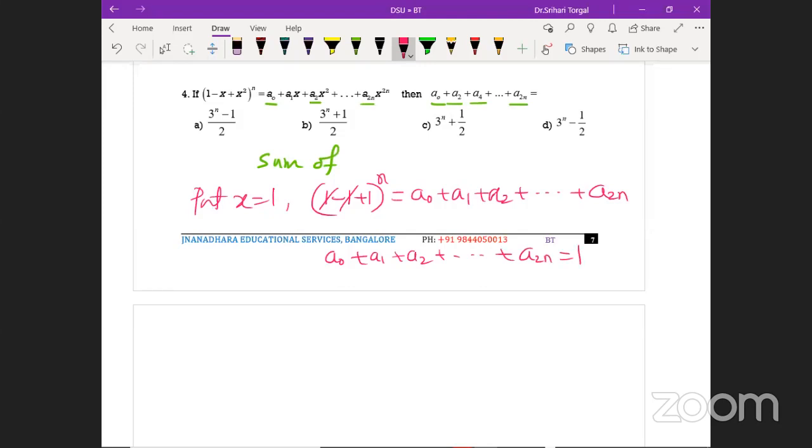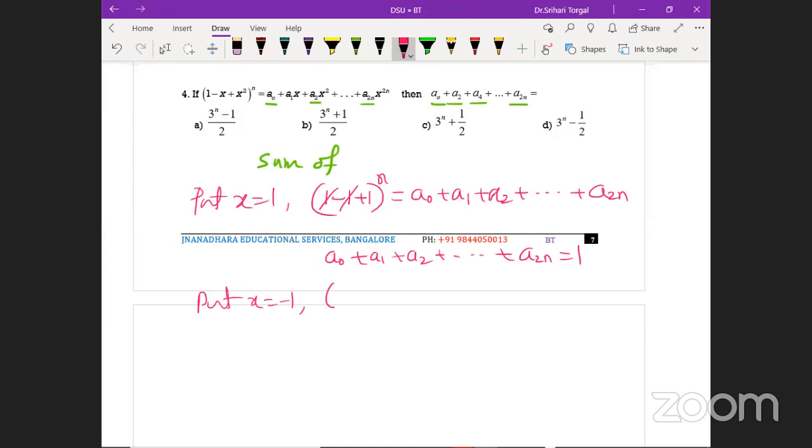Now put x equal to minus 1. This will be very easy to calculate. When you want odd and even terms, you have the sum of all the binomial coefficients, but you want only even now. For that you have to substitute x equal to minus 1 in the given equation.